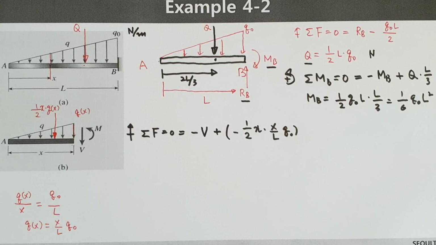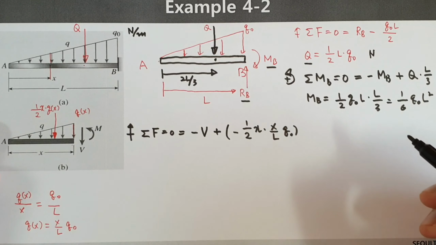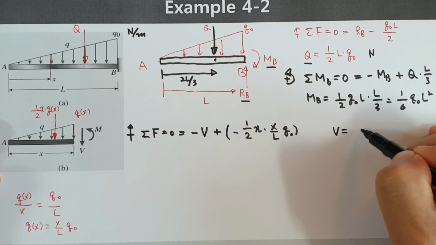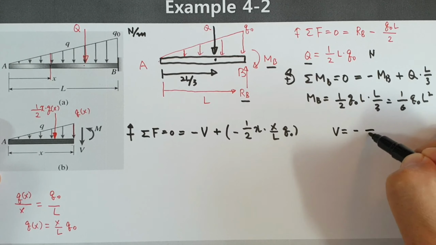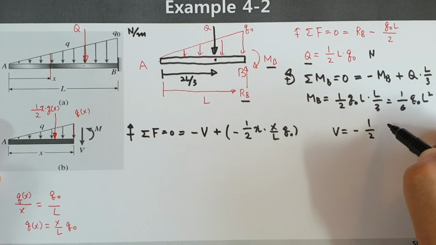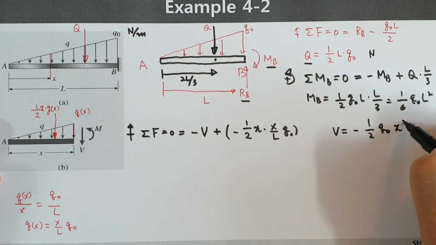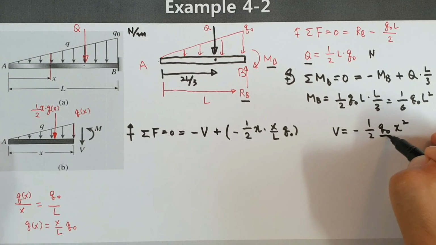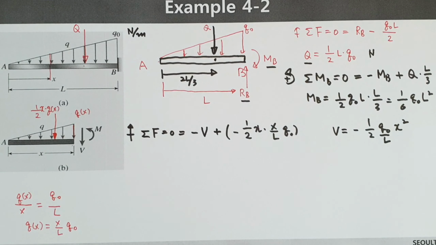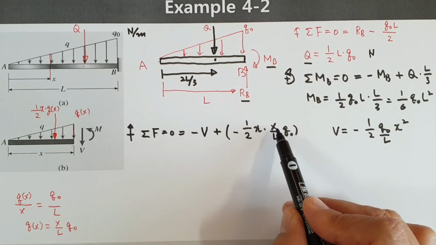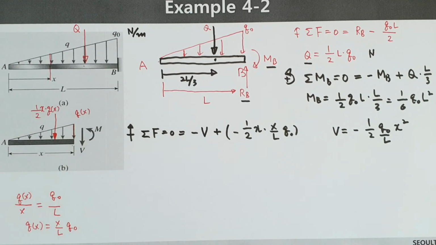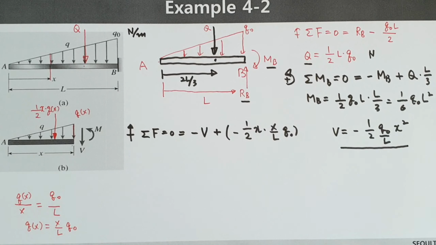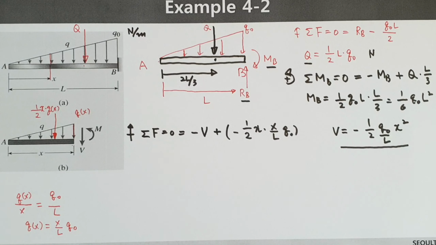Okay, then we can say V equals minus 1 over 2 Q0 X squared over L, or 2L. Q0 X squared. That's correct. That's the shear force. Shear force is given like this one.